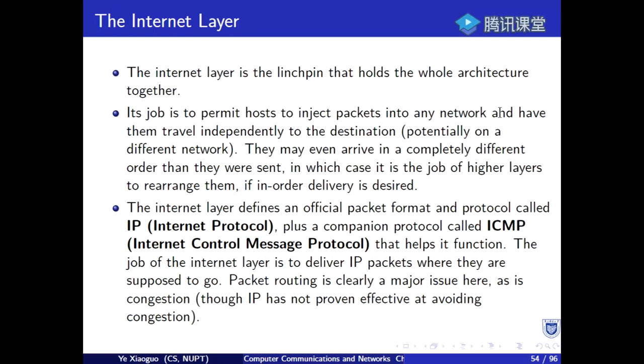So they are heterogeneous. Packets may even arrive in a completely different order than they were sent, in which case it is the job of the higher layers to rearrange them if in-order delivery is desired. Almost all the time, in-order delivery is desired.